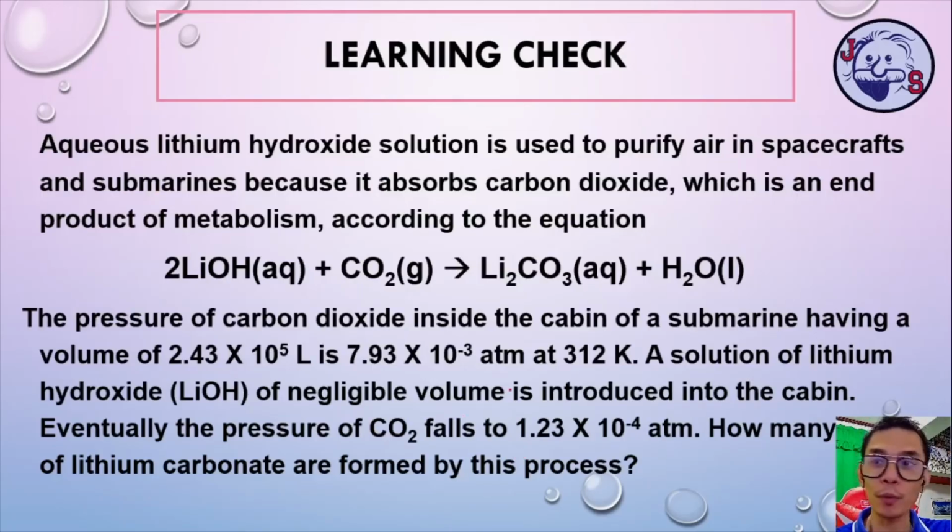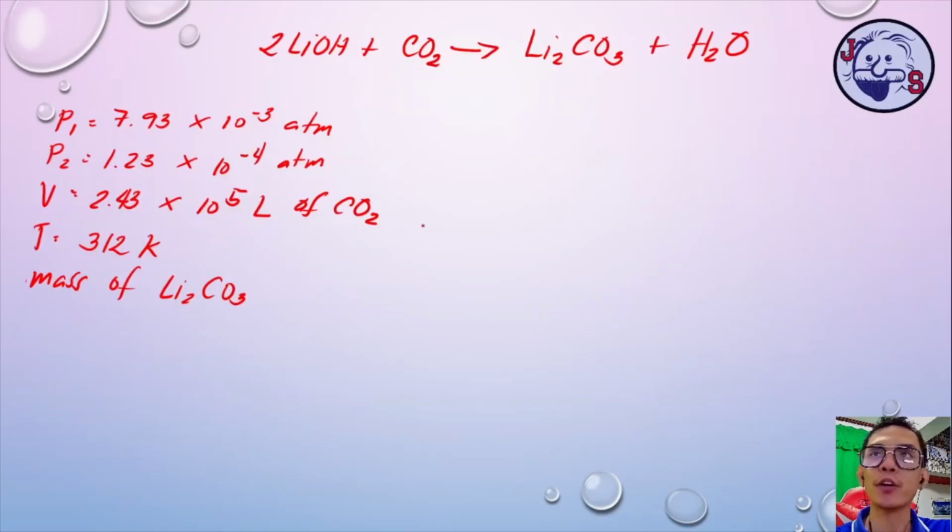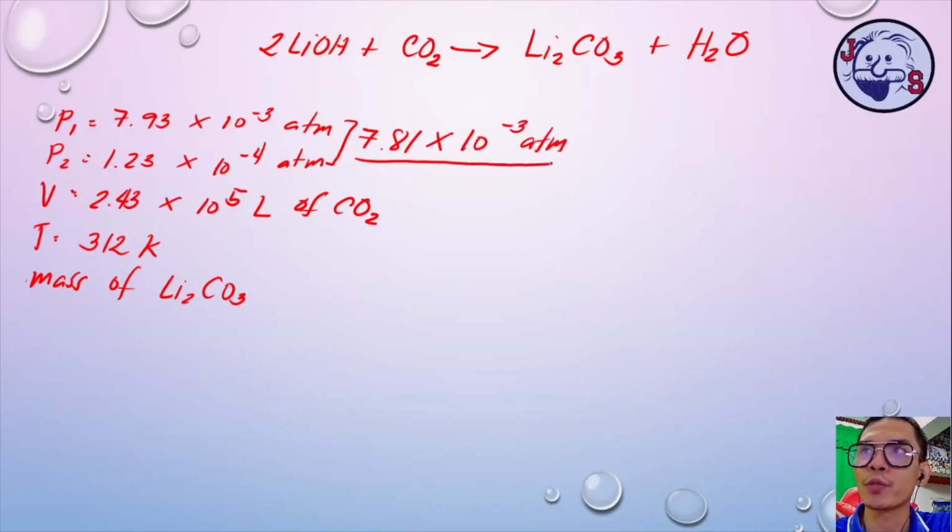Meaning we will subtract 1.23 times 10 to the negative 4 from 7.93 times 10 to the negative 3, and you will get 7.881 times 10 to the negative 3 atmosphere. This is what we will use for the pressure.